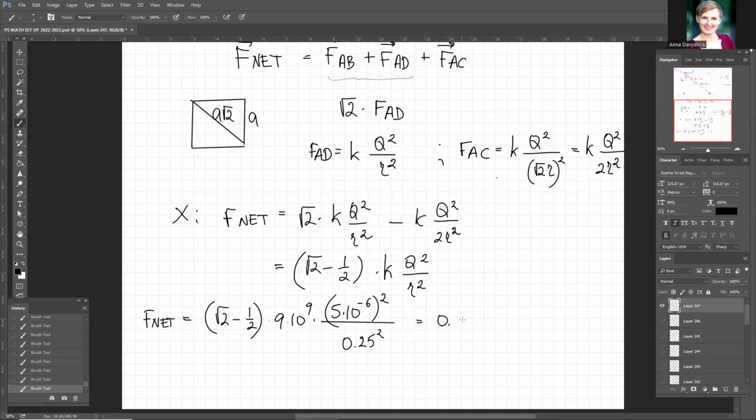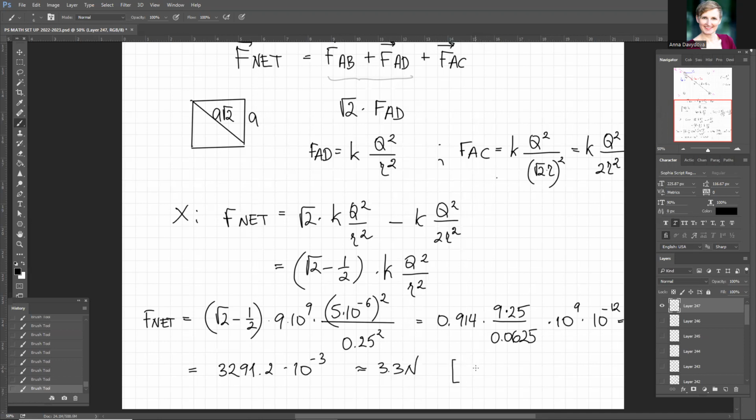This is my number from the bracket, 9 times 25 divided by 0.0625. I'm doing it step by step, and 10 to the power 9 and 10 to the power negative 12. So overall, what do I have? About 3.3 times 10 to the power negative 3... so it's basically 3.3 newtons. Small force, but that's okay.